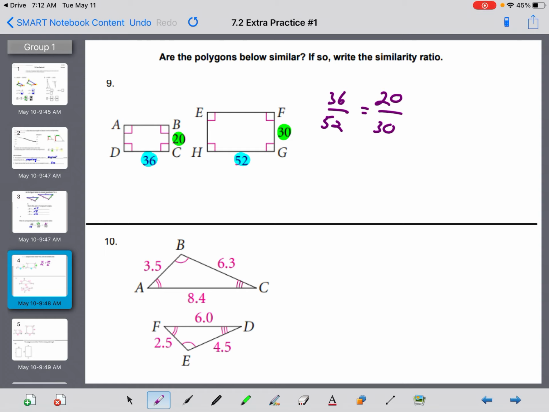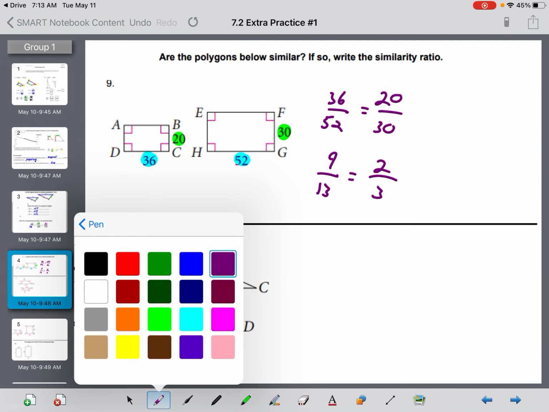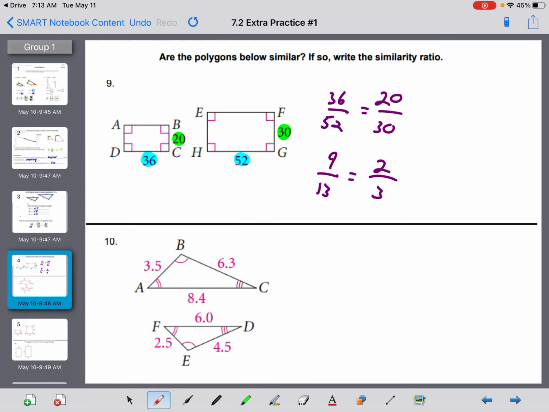And 36 over 52, when you type it in the calculator, turns out to be 9 over 13. And let's see if that equals 20 over 30, which is 2/3. These are not the same fraction, so therefore they are not proportional.